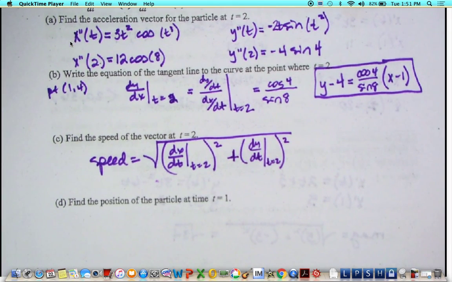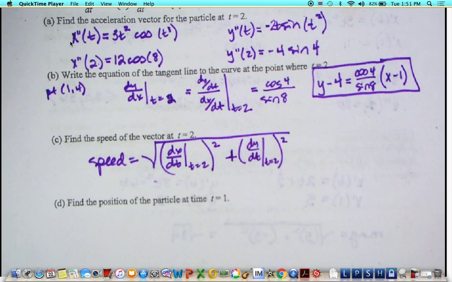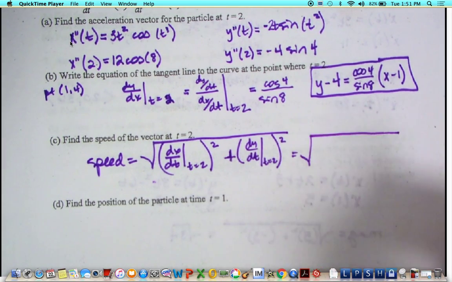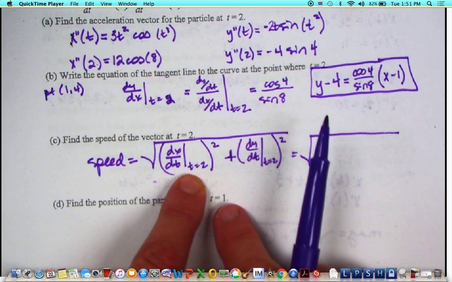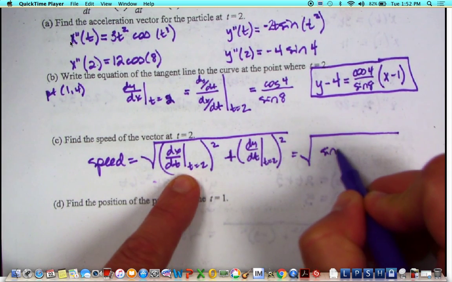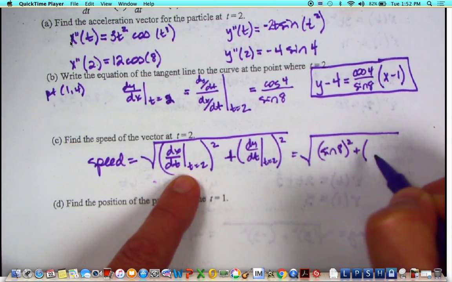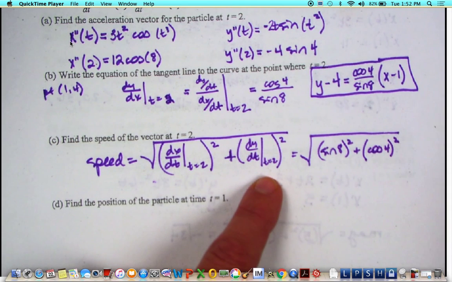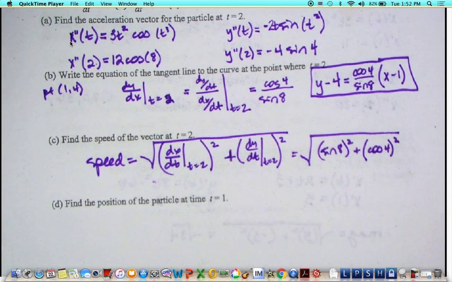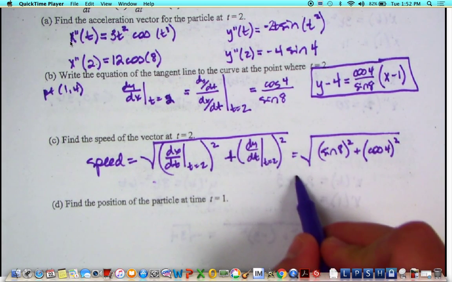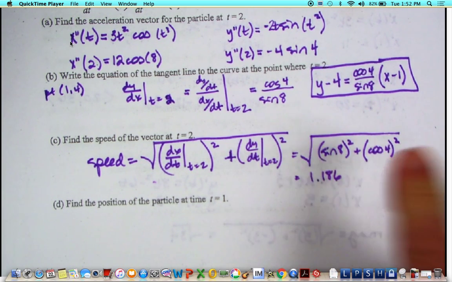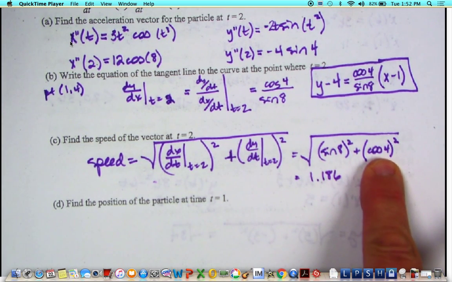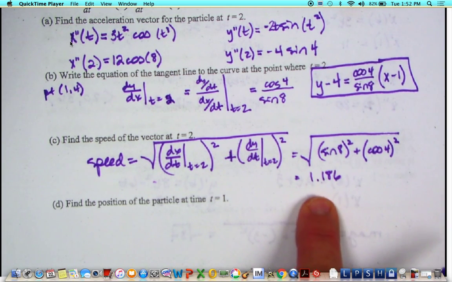That's really what the speed is. So that is equal to dx dt at 2 was, right? So I have sine of 8 quantity squared plus dy dt was cosine 4 squared, and that is the speed. And 1.186. Okay, you could leave it like that, just so you know, because that would be an exact answer, or you can calculate it.